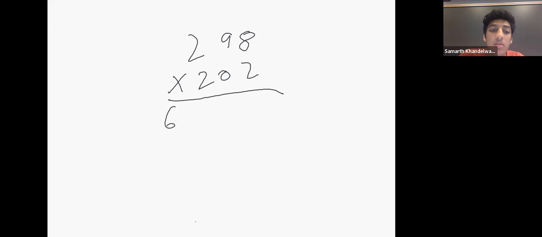But because there's a 0 here, because there's 2 digits each, we're really going to want 4 digits on the right-hand side. So what we're really going to want is 0196. So 298 times 202 is going to give us 60,196.